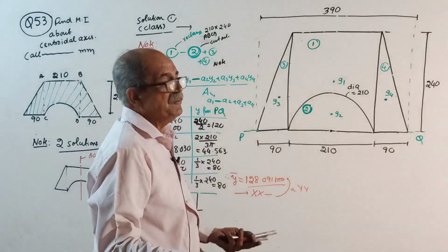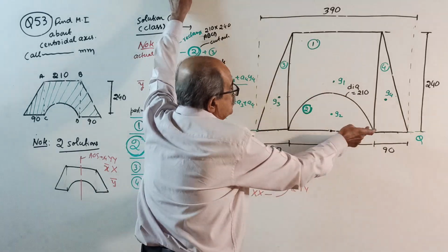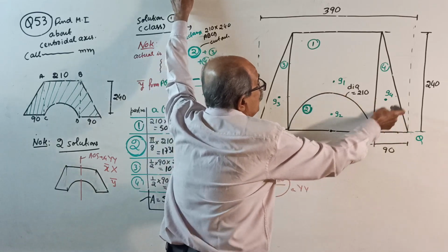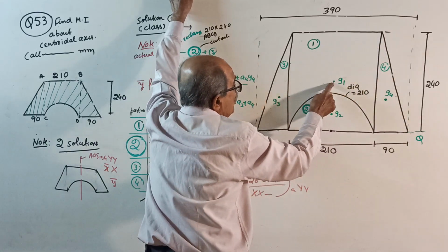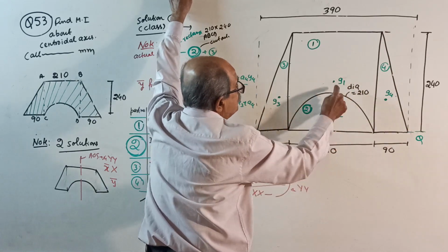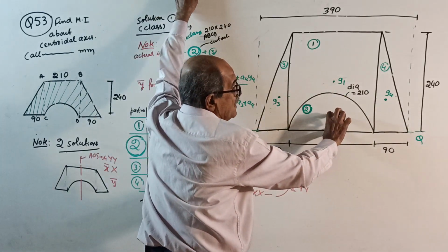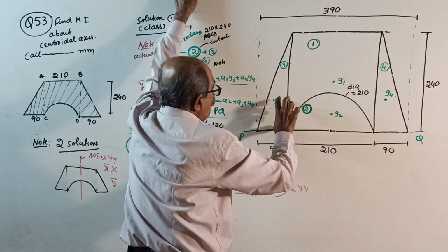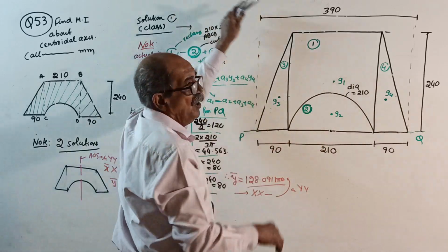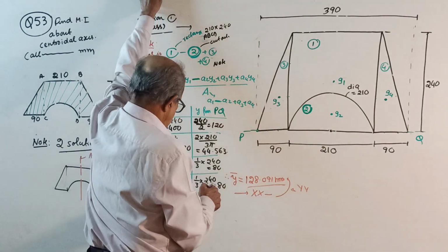This is 210, this is 105 radius, 240 by 2 is 120. So the centroid of the rectangle is above this level, Y1 is half of 240. Y2 is this distance, directly 2d by 3 pi. Y3 and Y4 both are one third of 240. I wrote everything here. Now locate, how much?